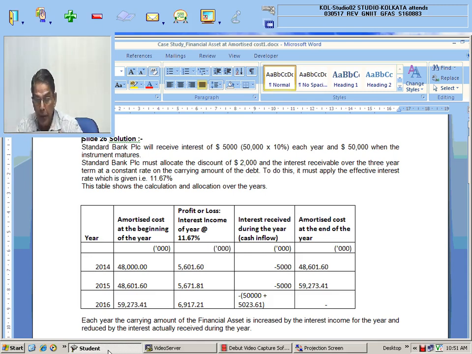That was the mistake. 49,273.41 was the amortized cost at the end of the second year, not 59,000. It is higher by 10,000.